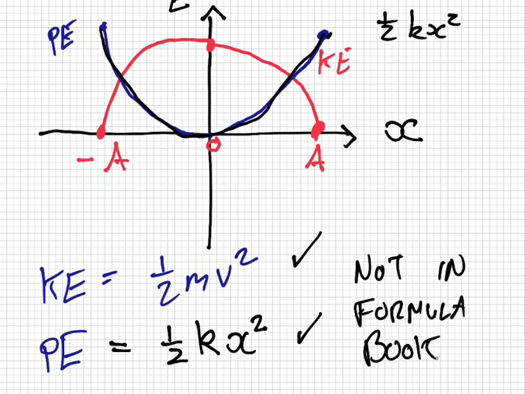For example, part 1 might be calculate V, so as you said, Tal, V equals A omega cos omega t. Part 2 could be calculate the force. Part 3 could be calculate the kinetic energy. Part 4 could be calculate the potential energy. And then maybe part 5 would be calculate the total energy, which would only be 1 mark because it would be kinetic plus potential. So it's simple.